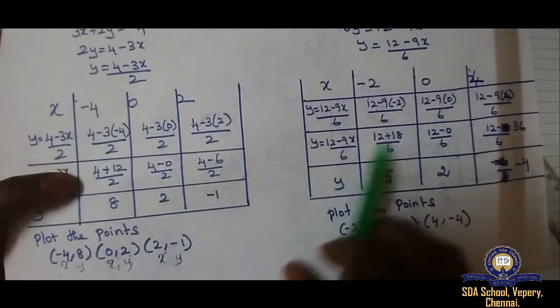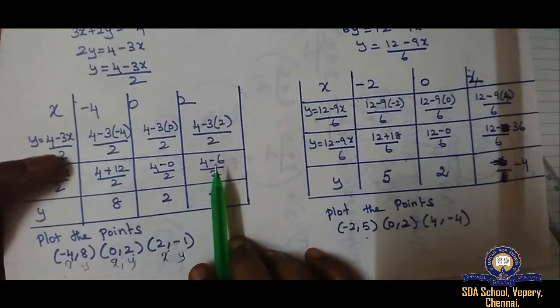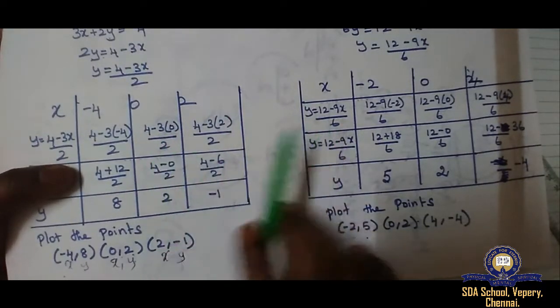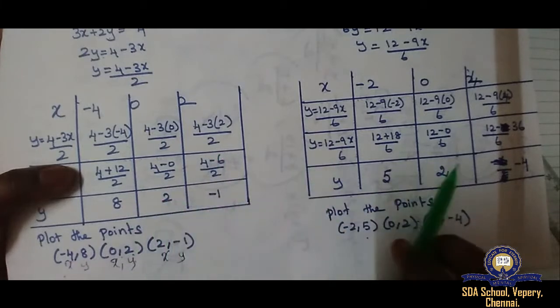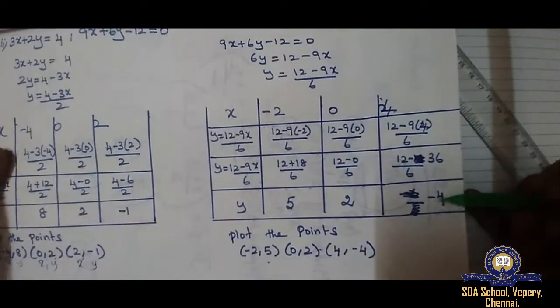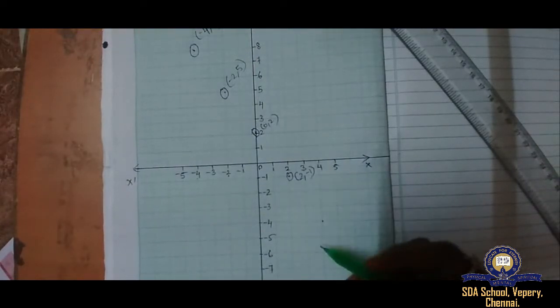That's why I have changed the values from here to here. See, for 0 alone I kept it as it is. Why? Because you will ask, for the previous sum we took 0, why for this sum didn't we take 0? That's why I took the same 0 here and here, to show we are getting the same answer. So 0 comma 2 I have plotted. Next, 4 comma minus 4. Plus 4 is here. Negative 4 is down.